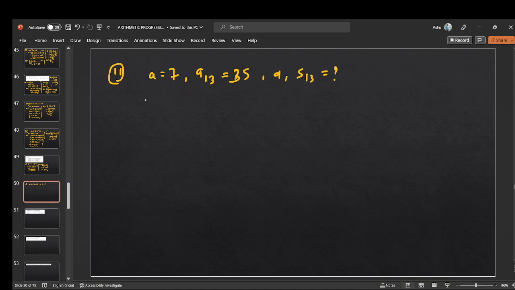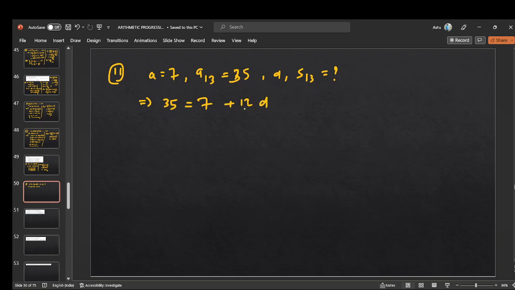a13 is given, then we should use this 35. Then 35 is equal to first term 7 plus we have information about n is 13, then here 12, into d.